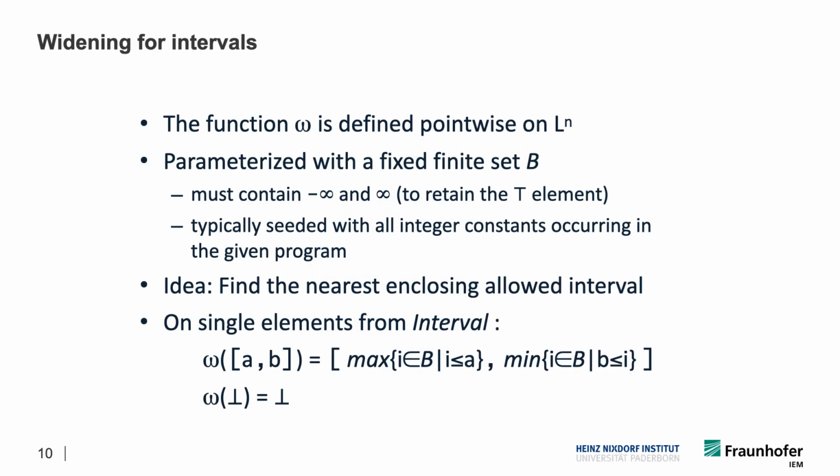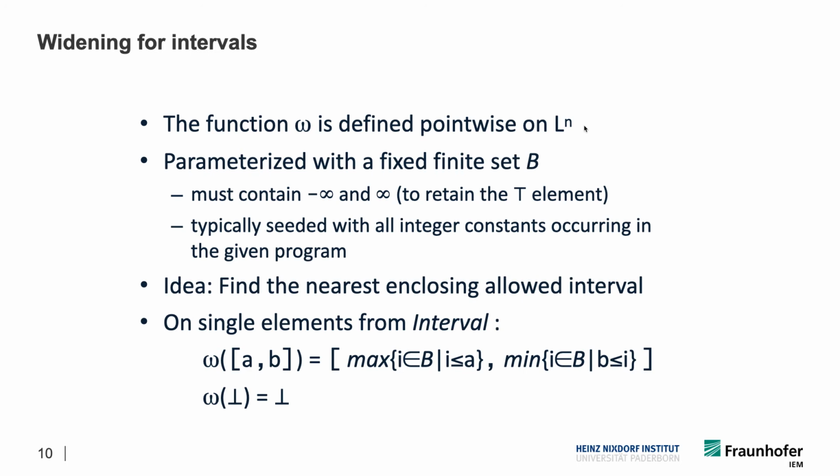And this omega function is defined pointwise on this lattice L to the n. So you could also say it's basically operating on each abstract value at every single statement. And this is actually parameterized with a finite set B, which are basically bounds that you have in the interval lattice here.